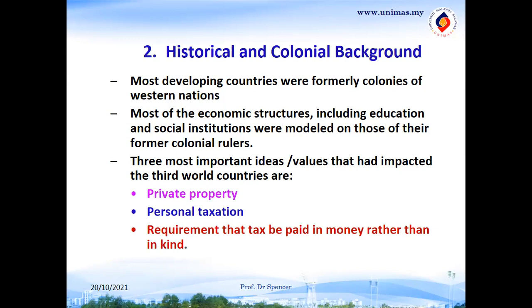The second legacy of colonization adalah personal taxation. Yeah, cukai persendirian, and that comes with the colonization. Okay. The third one is the requirement that tax be paid in money rather than kind. Kalau dahulunya, remember in Sarawak, in the old days before the colony comes in, tax were paid in kind. Contohnya by paying gunakan padi ataupun beras sebagai contoh, ya, to pay tax.